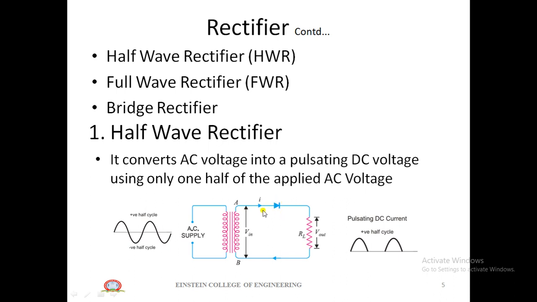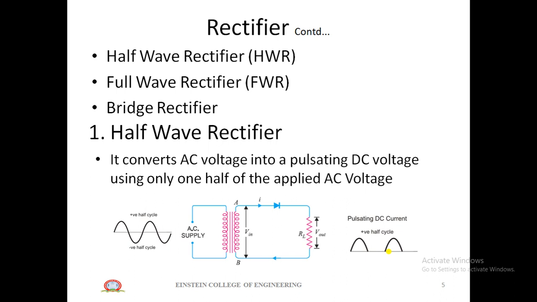Then this diode is reverse biased. Under reverse bias condition, diode will be off. So there won't be any current flow in the load resistance. So during the positive half cycle there will be a current flow, and during the negative half cycle there won't be any current flow. Thus, we get a rectified output.